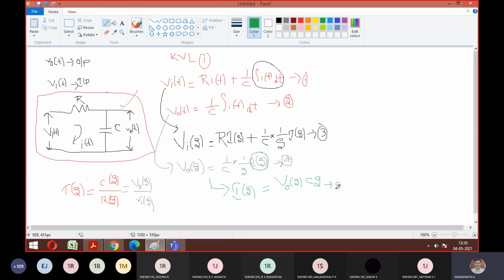So substitute this 5 in which equation? Substitute in 3. You can look at the arrow mark I pointed. You have I of S in both places, or if you want you can take I of S common, not an issue. Just stick with the procedure. Substitute I of S in equation 3 and tell me what is going to happen.